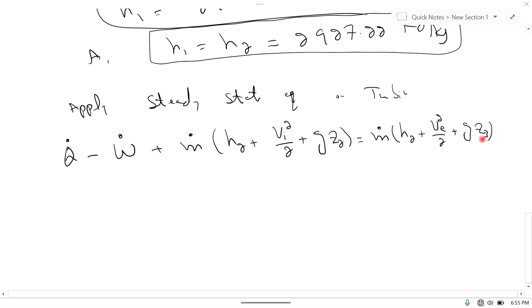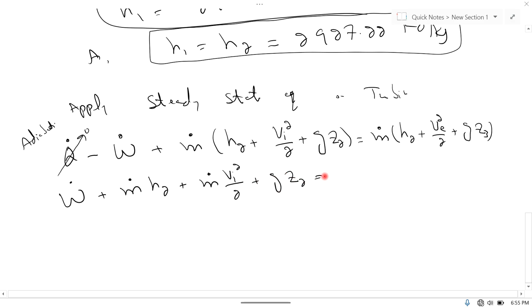This process is adiabatic, so Q dot is equal to 0. So minus W dot plus m dot (H2 plus V inlet squared of the turbine divided by 2 plus gZ2) is equal to m dot (H3 plus V exit squared divided by 2 plus gZ3).